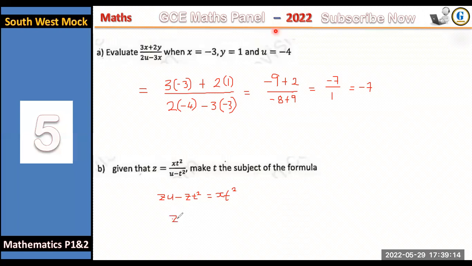So I'm going to have zu, or uz, to be equal to x t squared plus z t squared. From here we can factor out t squared. So we have t squared into x plus z. So this will be equal to zu.